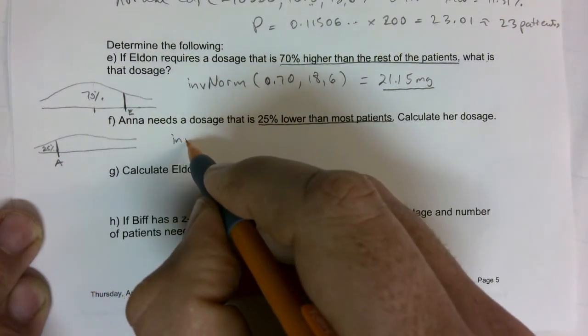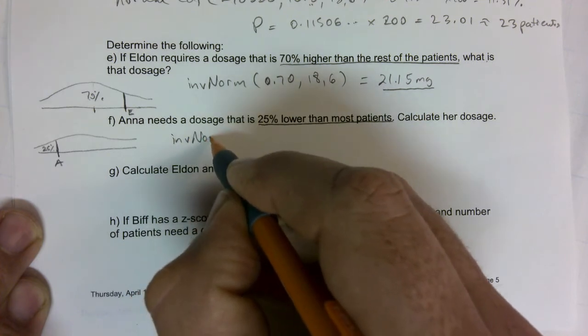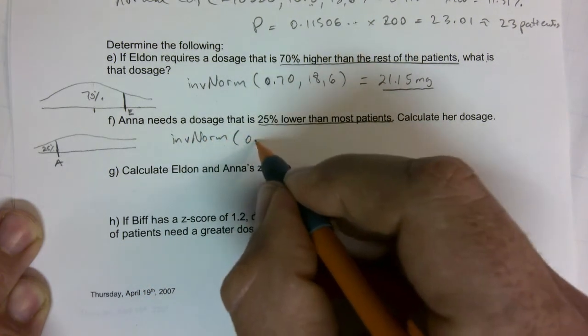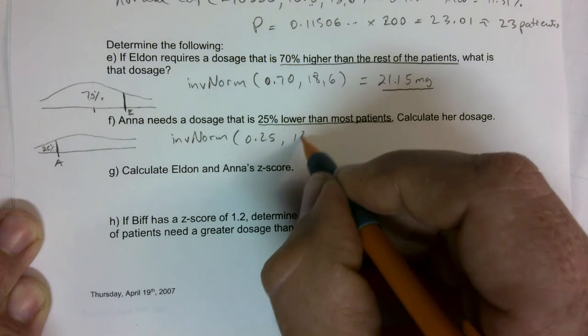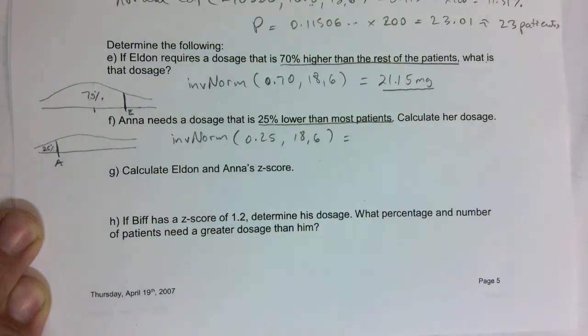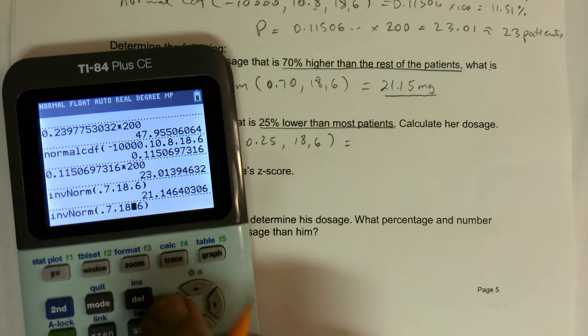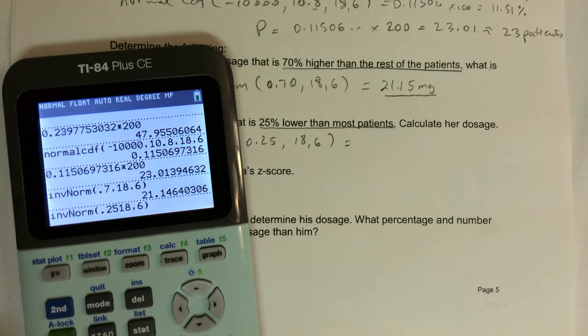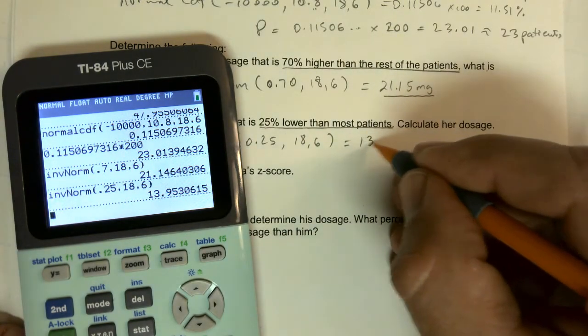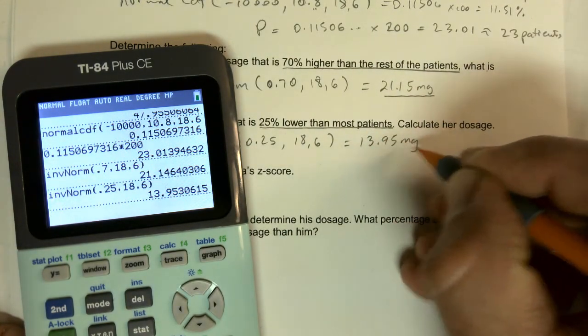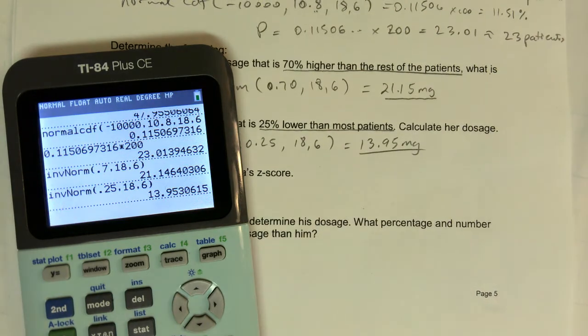So we still were given the percentage. So that's when you know you have to use inverse norm, 18, 6. I'm just going to copy that one and just go 0.25, 18, 6. And that's 13.95 milligrams.